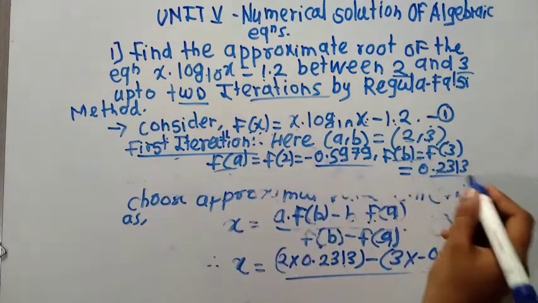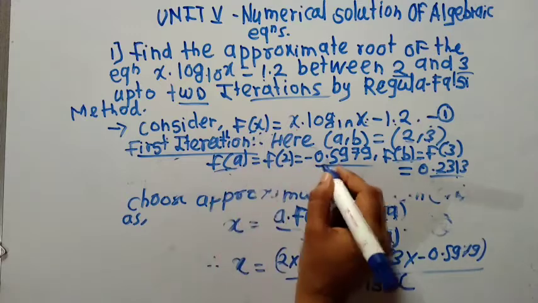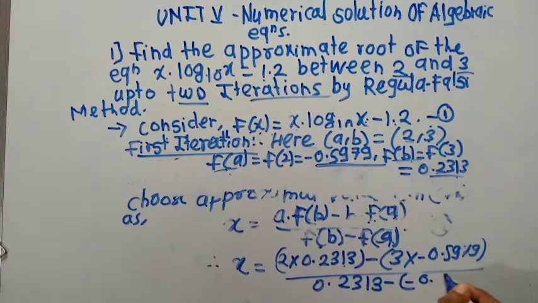So f of b is 0.2313 minus f of a, f of a is minus 0.5979.